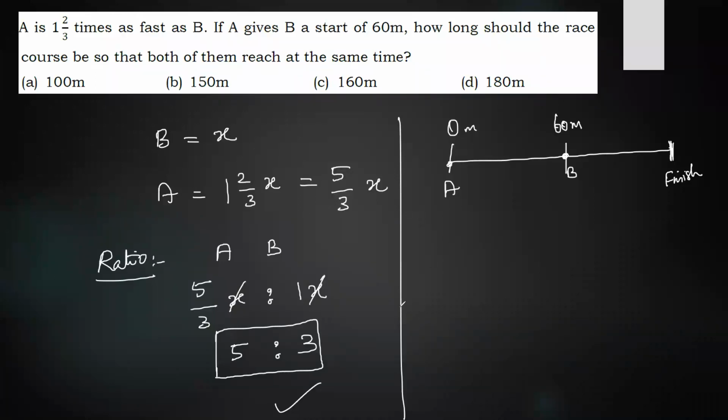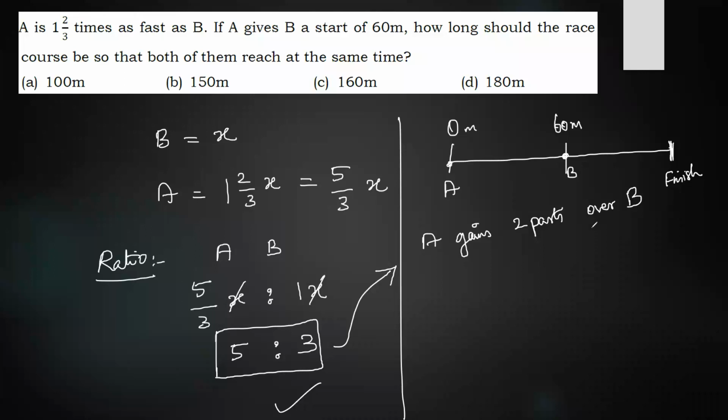The question: how long should the race be so that both reach at the same time? Anyone can explain this question? The ratio is 5:3. Up to this, is it clear or not?